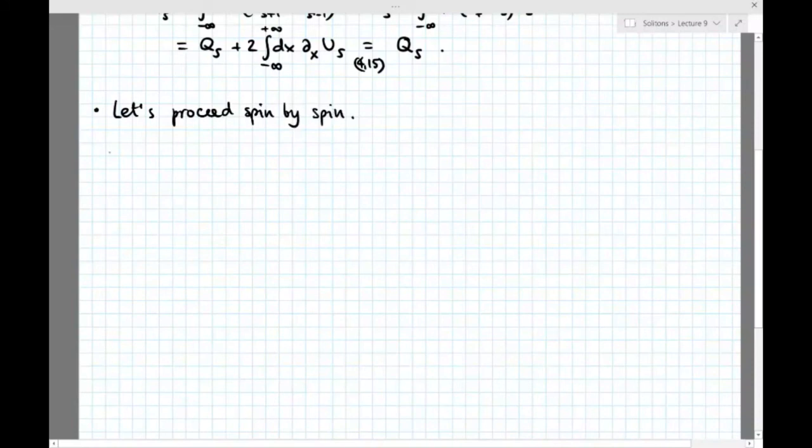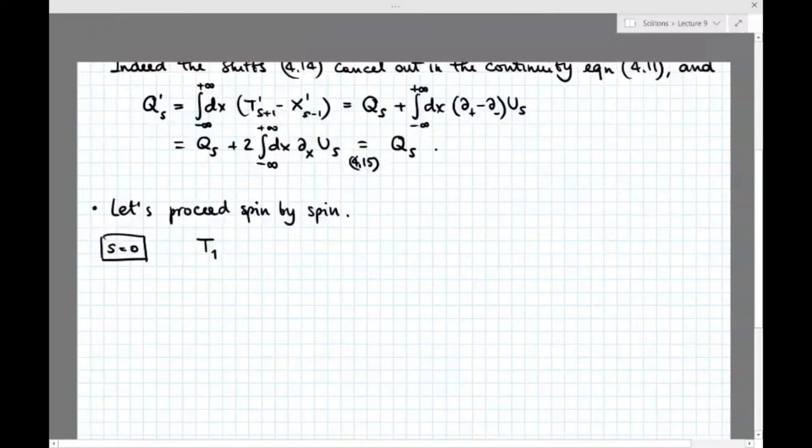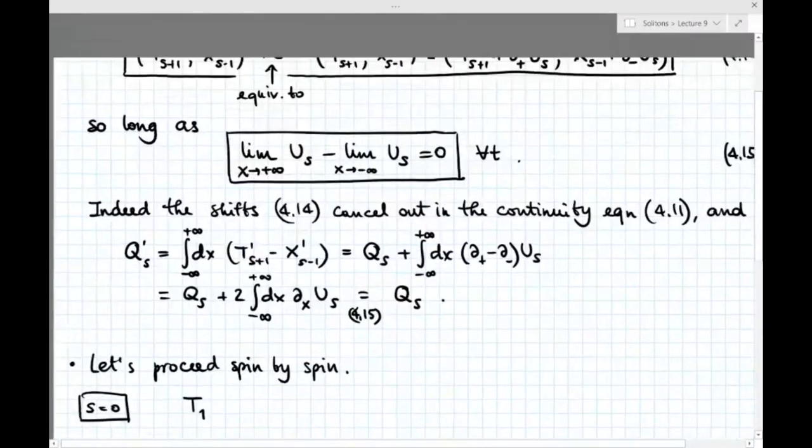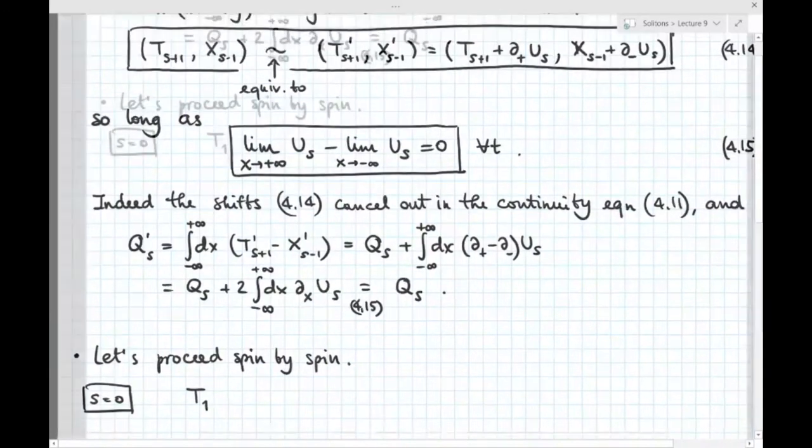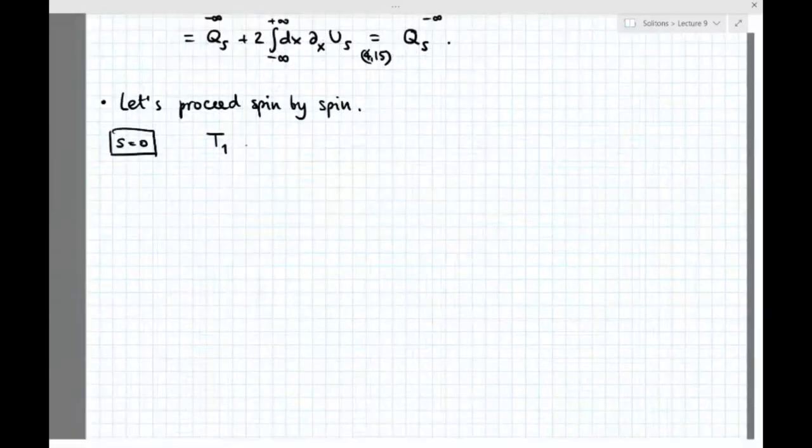And unsurprisingly, we'll start from spin 0. In that case, the density T, which has spin s plus 1, now has spin 1 because s is 0. And we assume that the density is polynomially conserved, so it's a polynomial in x plus derivatives of u only.